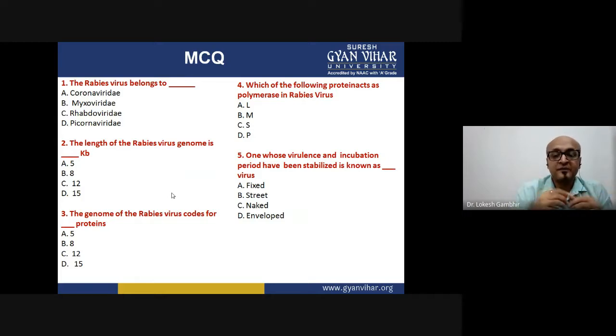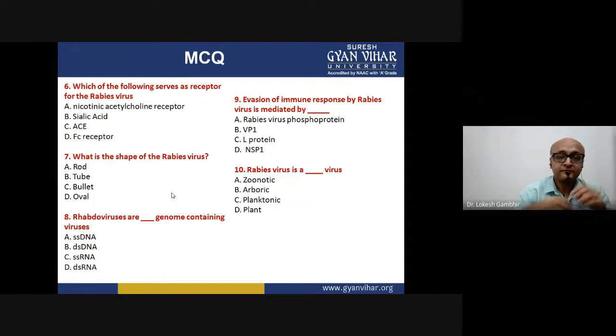Then in the laboratory setting, whether it is a fixed virus, or a street virus, or a naked virus. Then apart from that, the particular receptor that is associated with this virus. Then evasion, how that evasion is carried out by this virus, and whether the rabies virus is a zoonotic virus or what kind of virus.